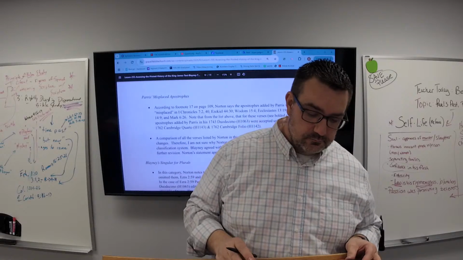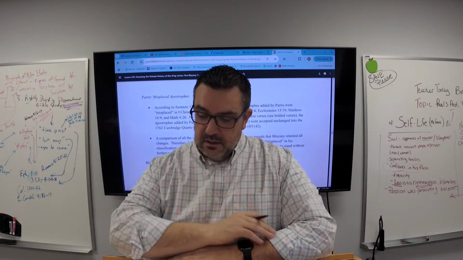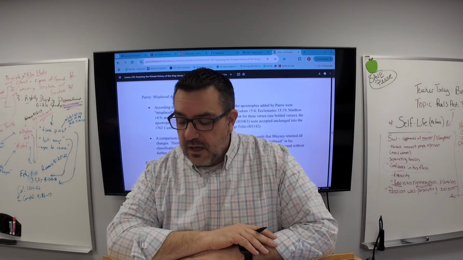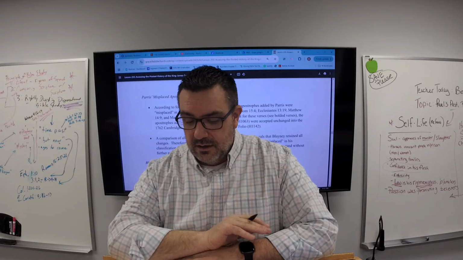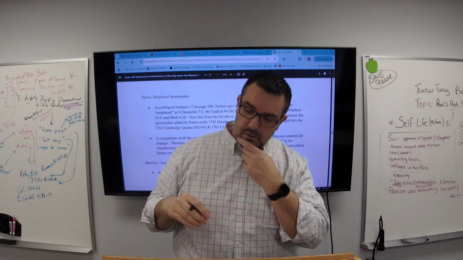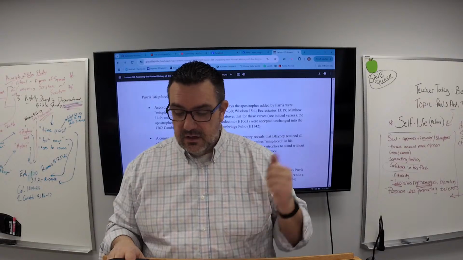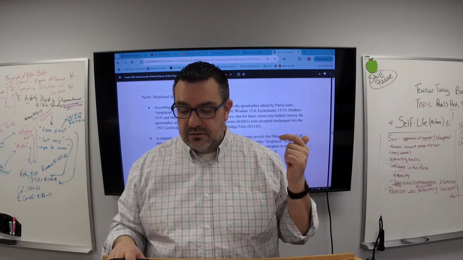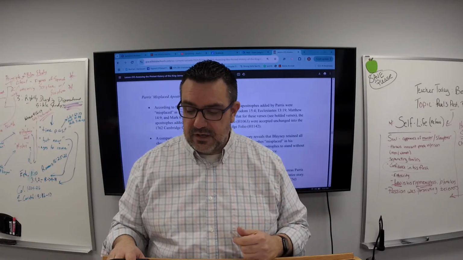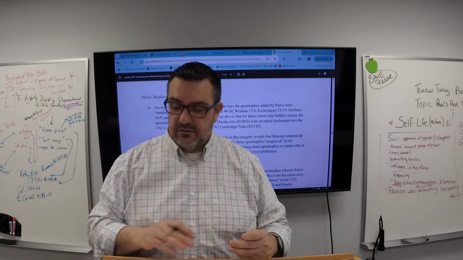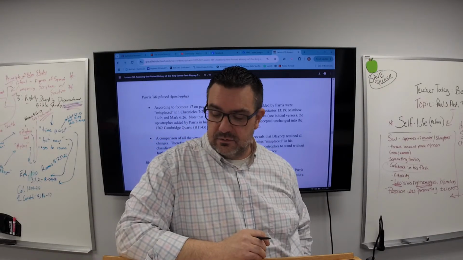So, notice first category, Paris's misplaced apostrophes. According to footnote 17, on page 109, Norton says the apostrophes added by Paris were misplaced in 1 Chronicles 7:2, 7:40, Ezekiel 44:30, Wisdom 15:4, Ecclesiasticus 13:9, Matthew 14:9, and Mark 6:26.